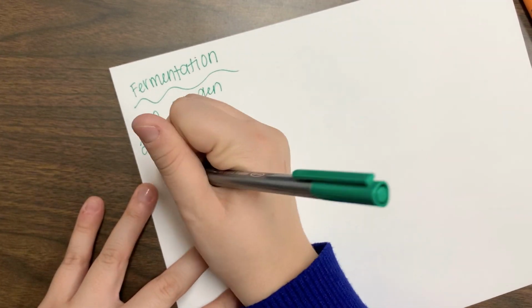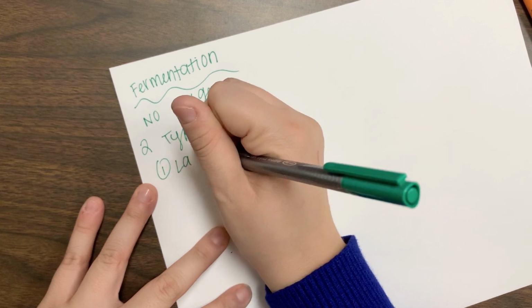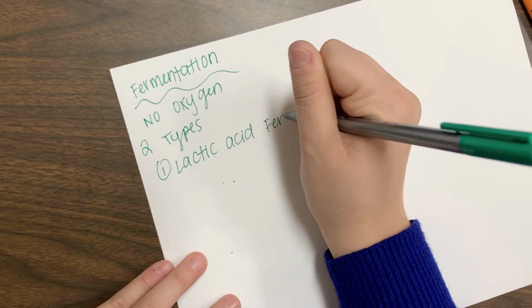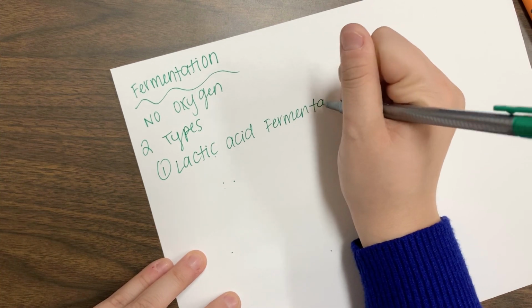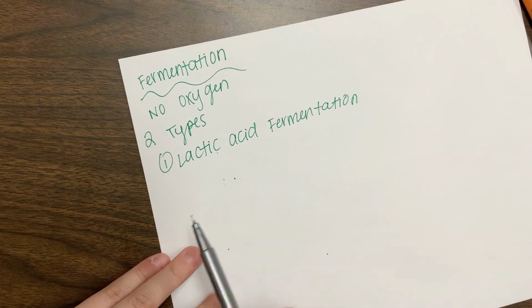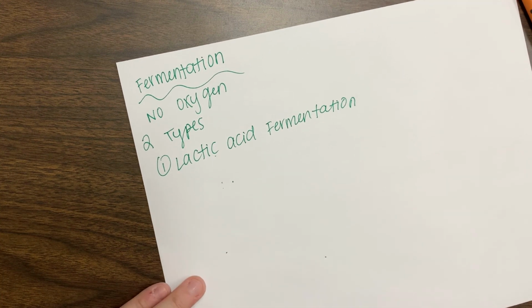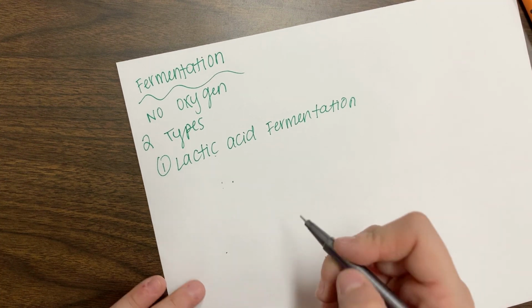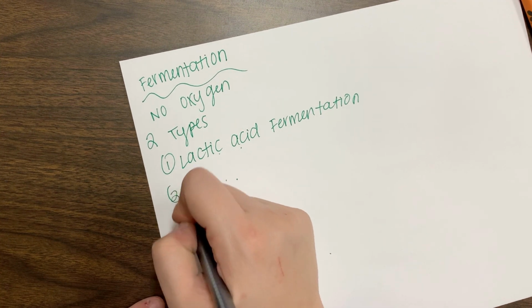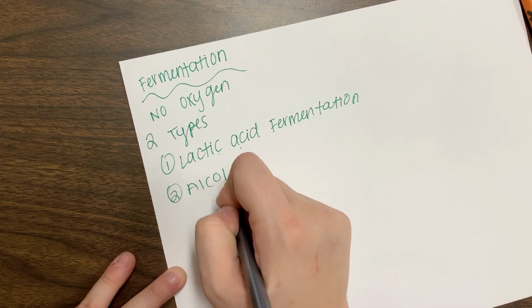The first one is going to be lactic acid fermentation. And your body's going to go through this when it's mainly your muscle cells. So if you work out, if you play a sport, if you've done a lot of physical activity and you end up really sore the next day, that's that lactic acid that's forming.